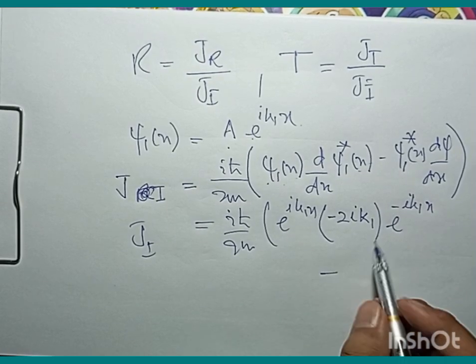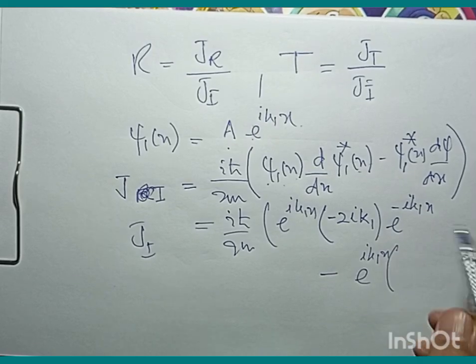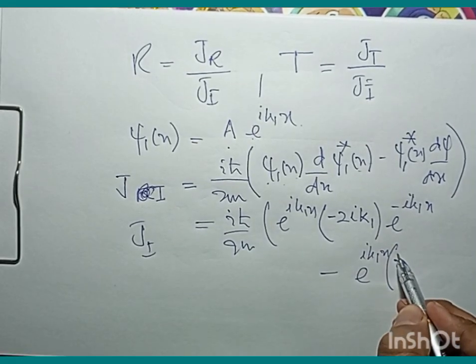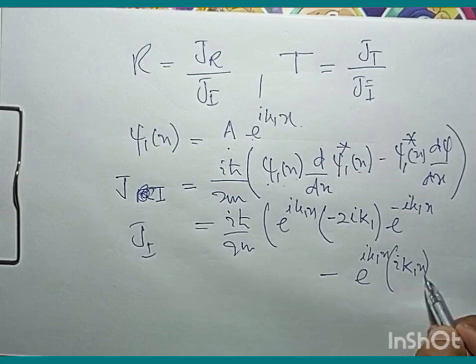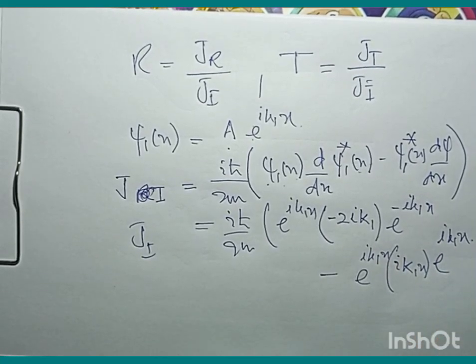Then we have minus psi 1 star, that means e to the power of minus i k1 x times the derivative of psi, multiplied by the internal derivative i k1, e to the power of i k1 x. So this is how it will go.